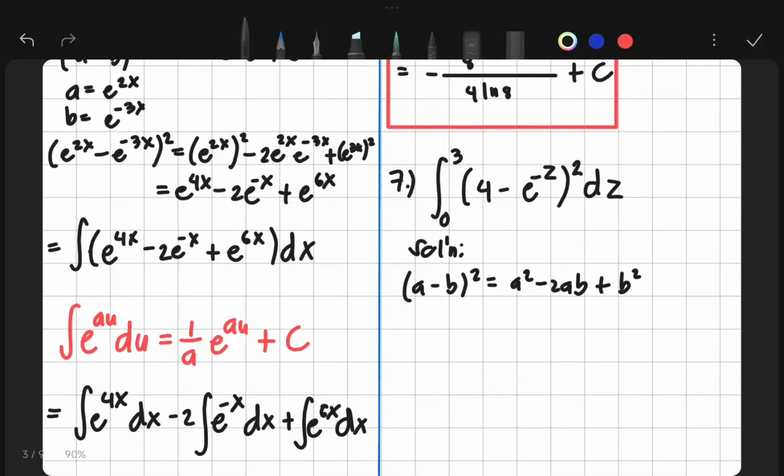So this will become 4 squared, which is 16, and then we have negative 2 times 4 times e raised to negative z, which is 8 e raised to negative z.